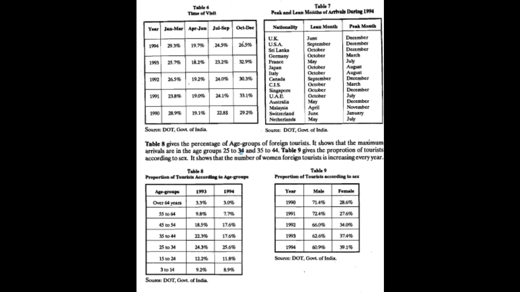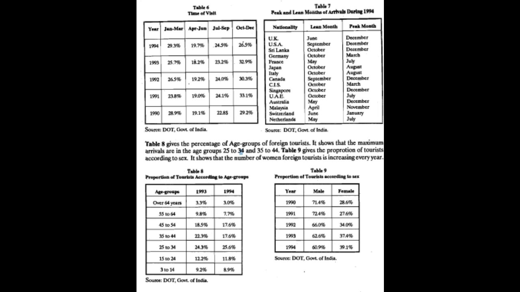The dominant age group was 35 to 44 years, accounting for 33.8% of total arrivals, followed by the age group 25 to 34 years with 32.5%. About 99.7% of CIS tourists had their usual place of residence in CIS, and the number of such residents who visited India during 1994 was 56,244.